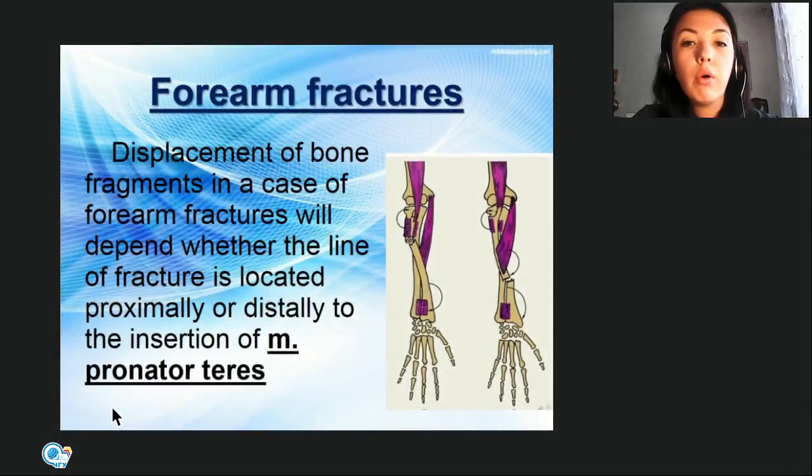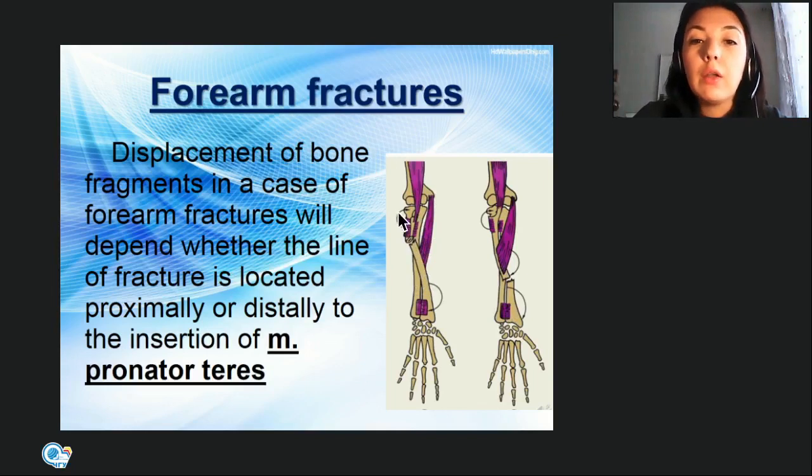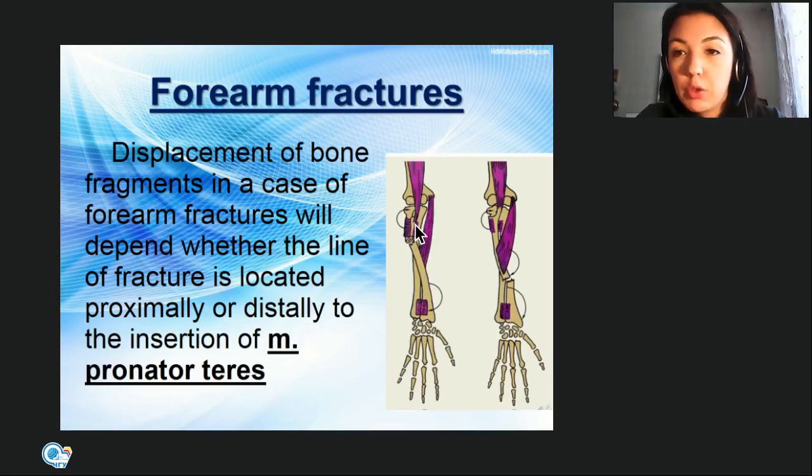In case of forearm fractures, displacement of bone fragments will depend on whether the line of fracture is located proximally or distally from the insertion of musculus pronator teres. Here we will deal with rotation displacement. If the fracture line is located above the insertion of musculus pronator teres, then only the supinator muscle will be inserted to the radius, and so the central end will be supinated.